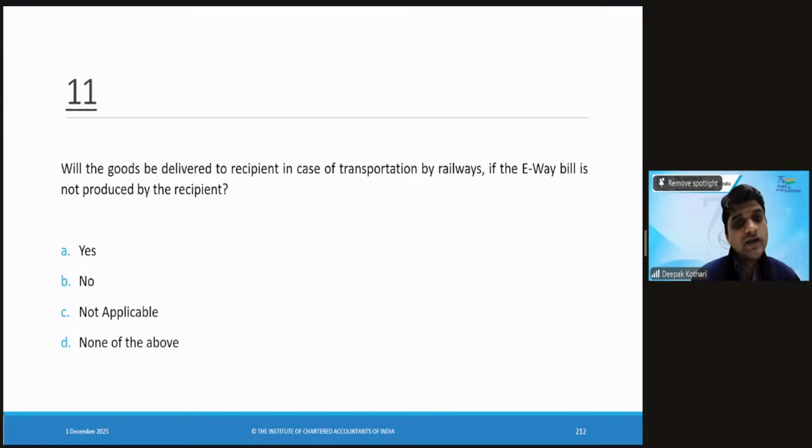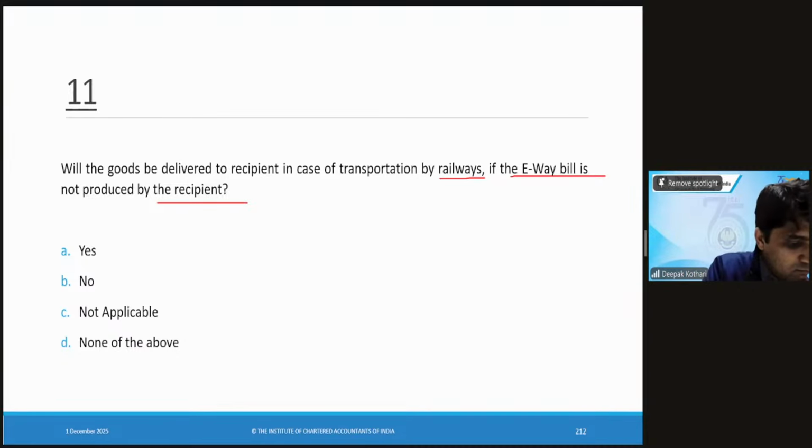Will the goods be delivered to the recipient in case of transportation by railways if the e-way bill is not produced by the recipient? B. Correct.